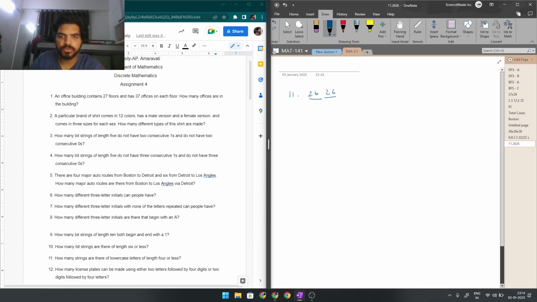A similar approach, just like the previous one, and 26 to the power, what is the maximum length? 4. Okay. 26 to the power 4 plus 26 to the power 3 plus 26 to the power 2 plus 26 to the power 1. We can add them up and the question will be solved.